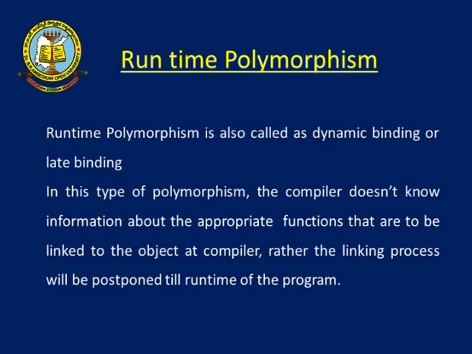The compiler doesn't know which function to be executed and which function to be linked to the particular object. So this linking procedure will be postponed till the running of the program, and that is why it is called runtime polymorphism.